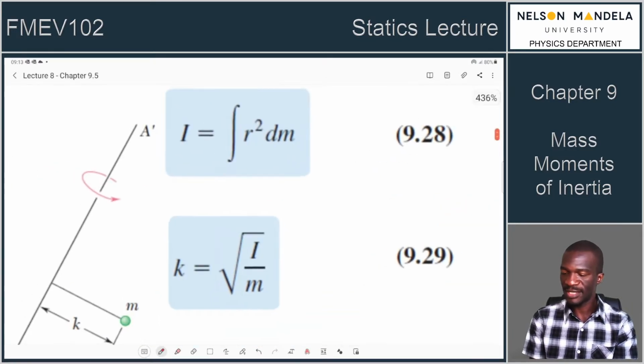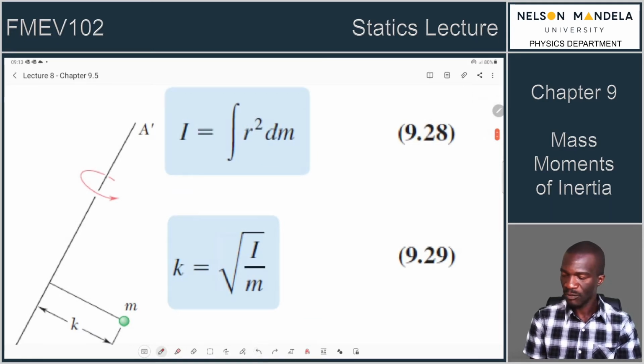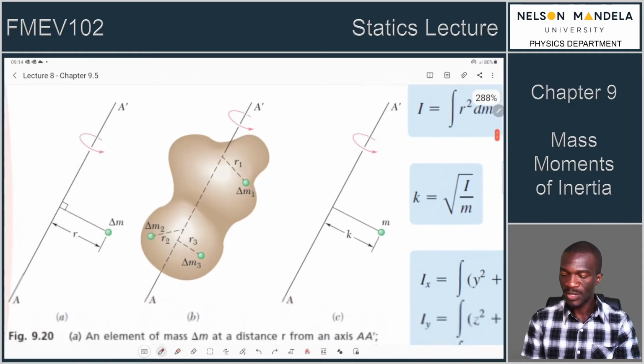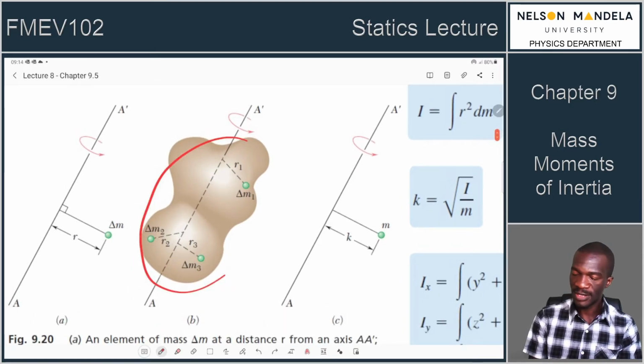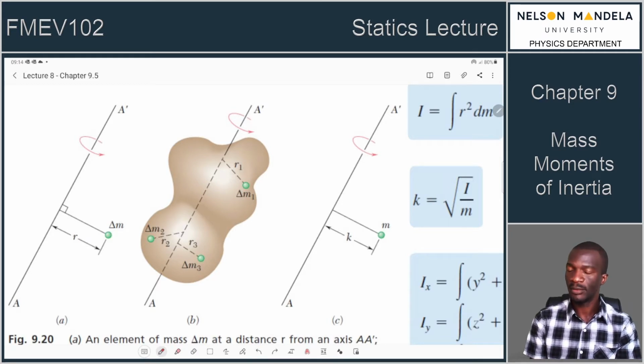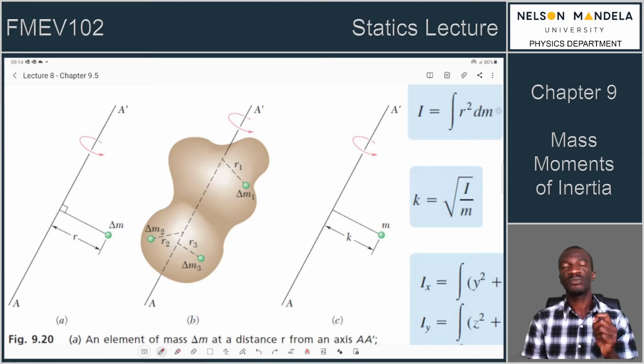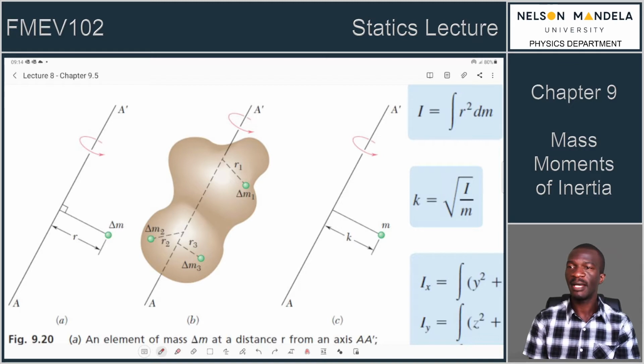Right, so what is the mass moment of inertia? By definition, it is still the moment of inertia. In this case, instead of our dA, which was for the second moment, we are now replacing it with a mass. So consider an object such as this one, on which you apply a couple, right? If you apply a couple, which is noted by that arrow, that couple is giving the object a tendency to rotate about the A prime axis.